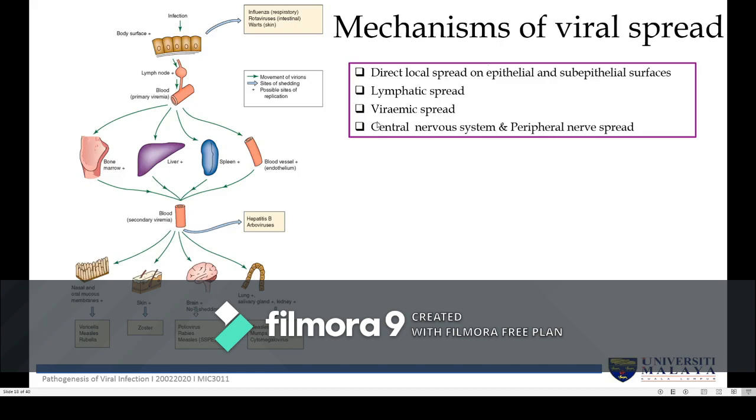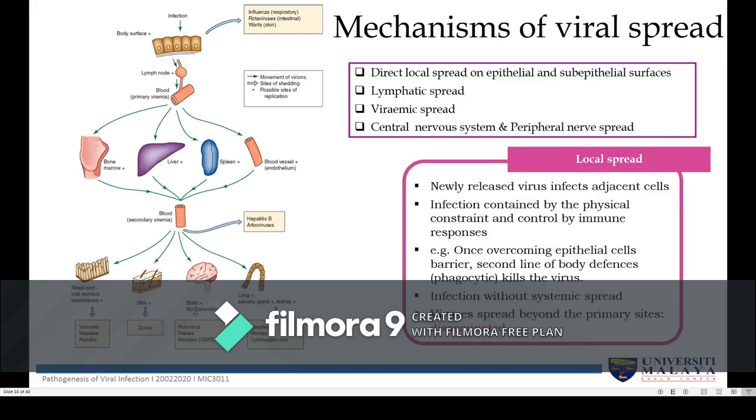Some go to viremic and stop there, or some spread to the CNS. Some can evade the lymphatic stage, go to viremic, and then spread until the CNS. That's it.